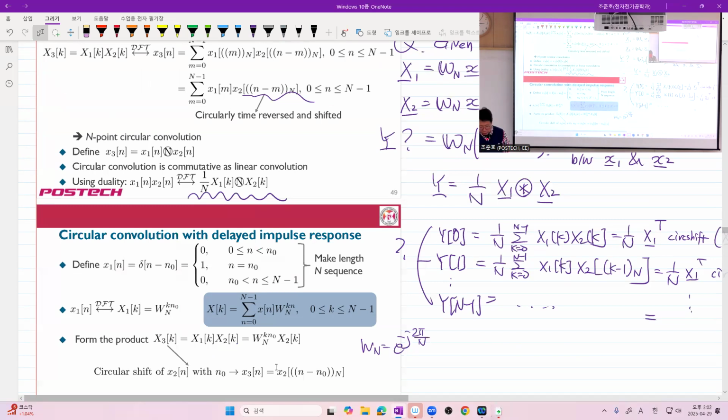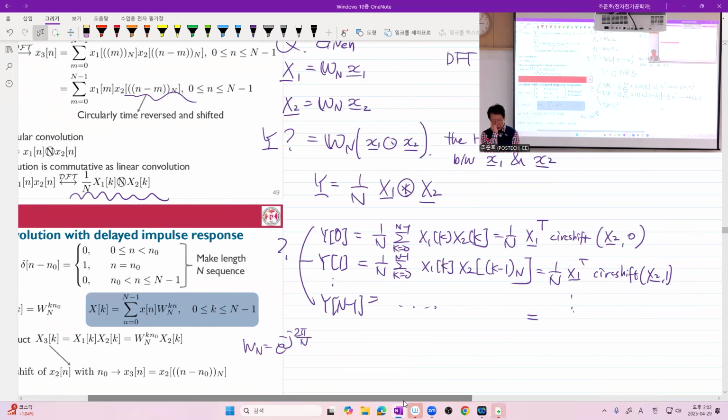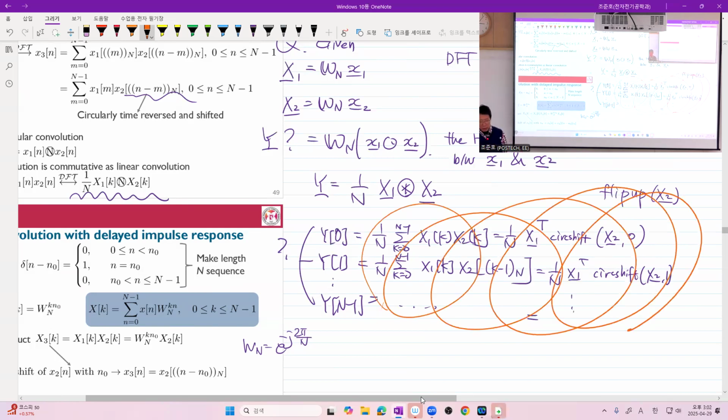I may need to flip up down, then circular downshift. It's very confusing. So let me just retract my claim. I forgot that one. Something is wrong here.